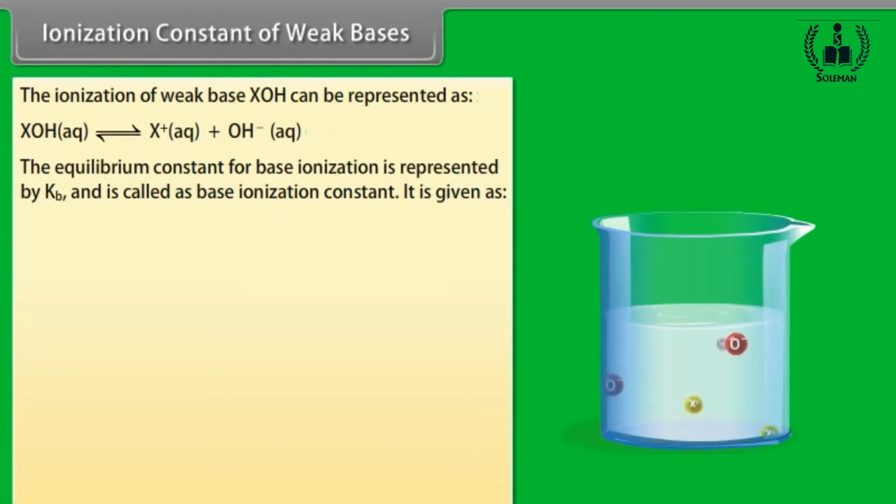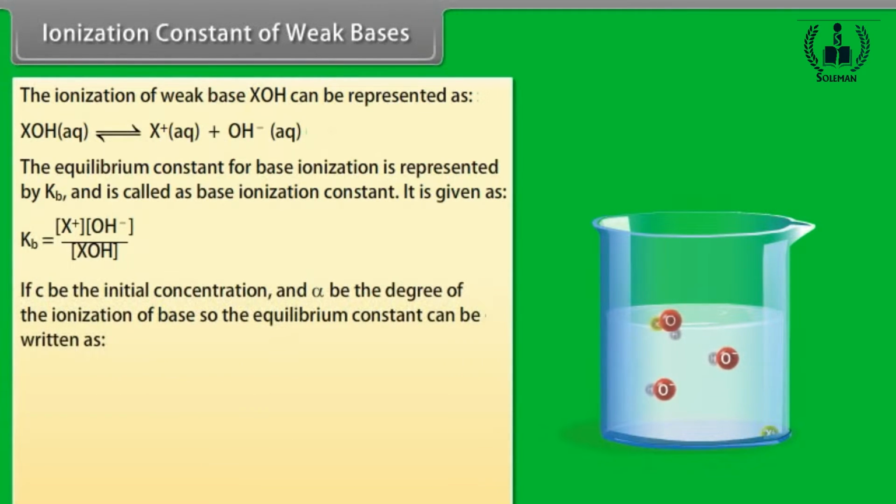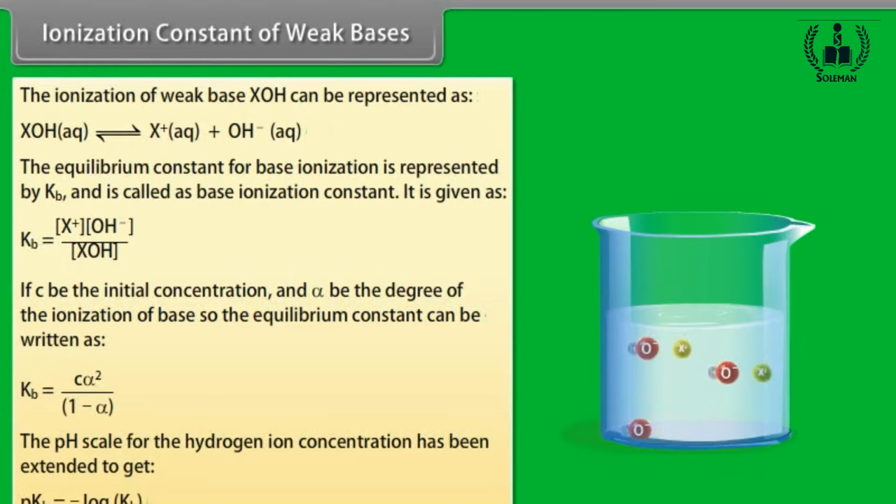If C is the initial concentration and alpha is the degree of ionization of the base, the equilibrium constant can be written as Kb is equal to C alpha square by 1 minus alpha.